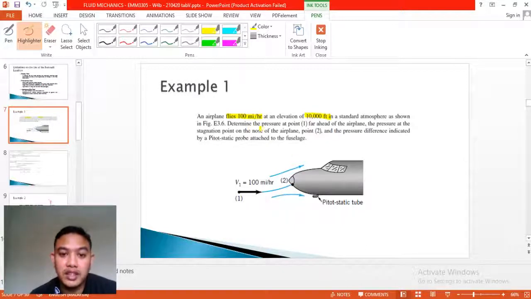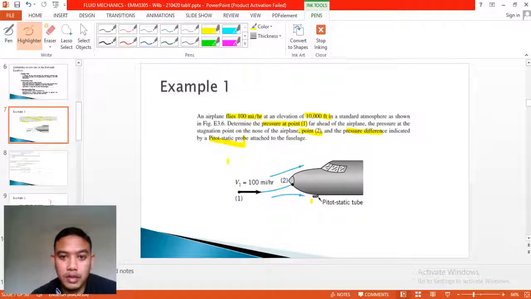So determine the pressure at point 1, far ahead of the airplane, which is the pressure here. Then the pressure at the stagnation point on the nose of the plane, which is point 2. And the pressure difference indicated by the pitot static probe attached to the plane.